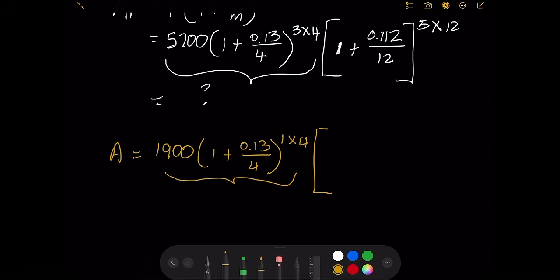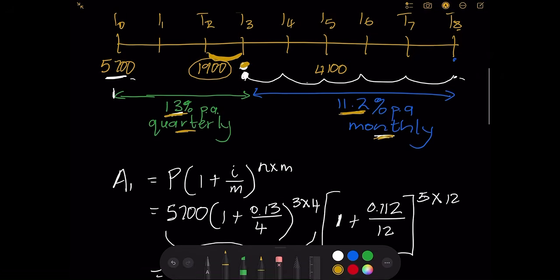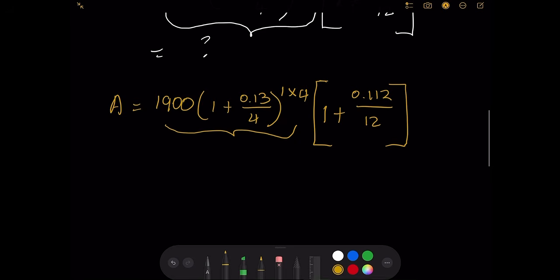But in this case, we're compounding at 0.112 divided by 12. Remember, it's monthly this time around. And this is now the next 5 years, all of those years until year 8, from year 3 to year 8. So that's 5 years, but this time that would be multiplied by 12 because that happens on a monthly basis.